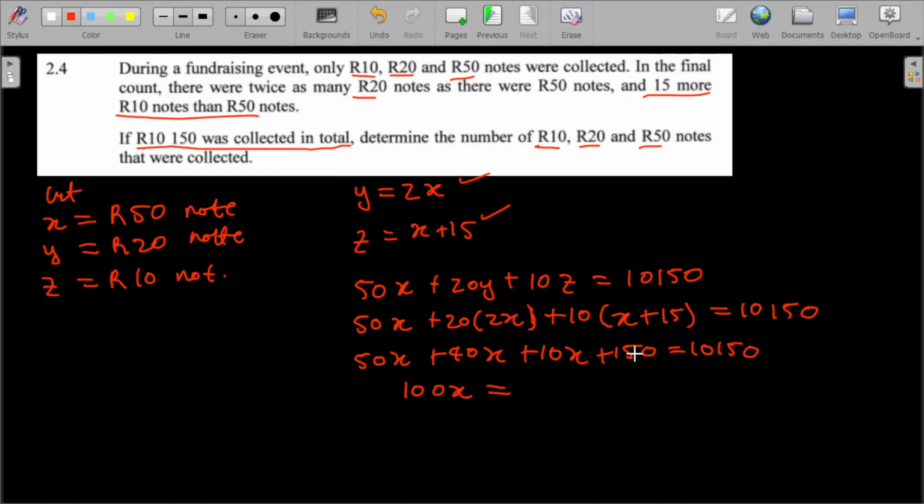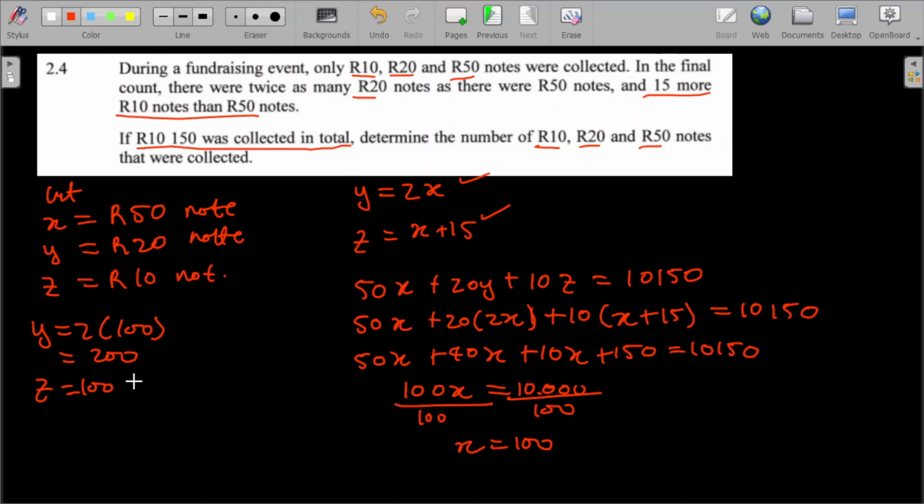Taking the 150 to the other side, it's the total minus 150, which gives me 10,000. Then I divide by 100 on both sides, so my x is equal to 100. Now finding y, because I know x now, y is equal to 2 times 100, giving me 200, and z is now 100 plus 15, which gives me 115.